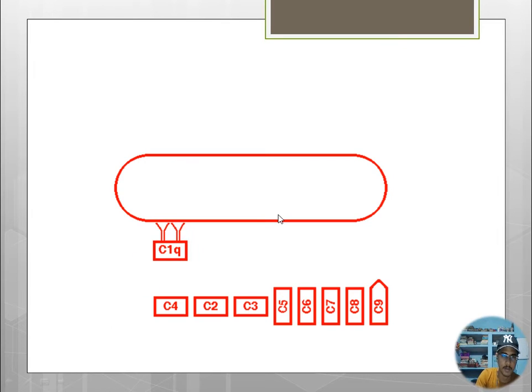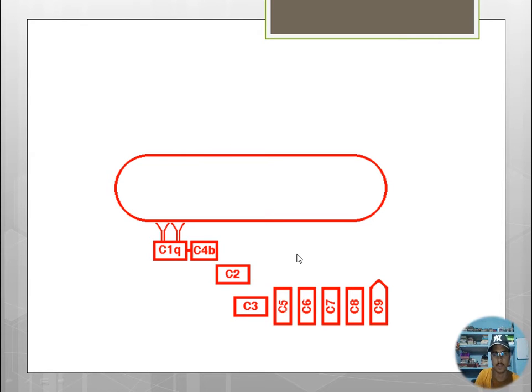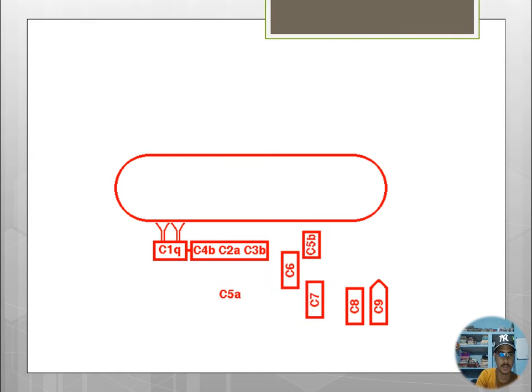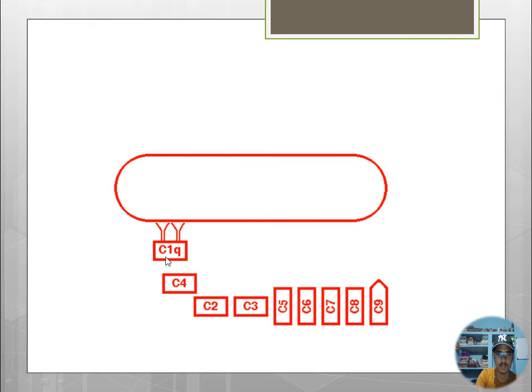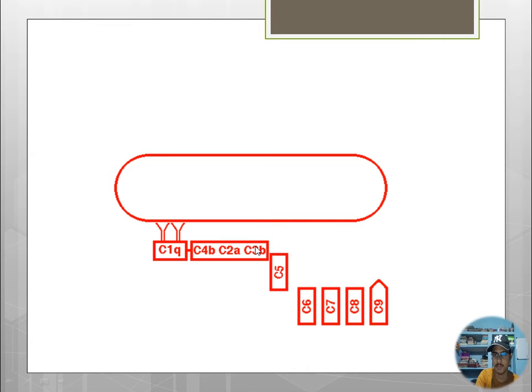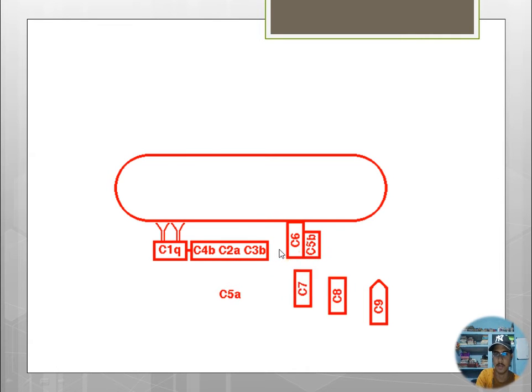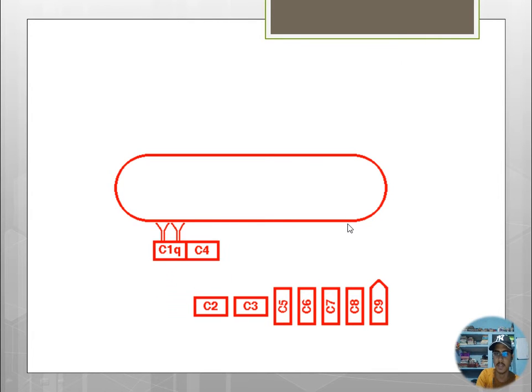Let's see. Over here I have summarized the whole classical pathway. At first the C1q binds to the antigen, and then this C1q activates the C4b, then C2b, then C3b, and then C5b, and on C5b, C6, C7, C8 bind, and C9 creates the pore in the bacterial membrane.